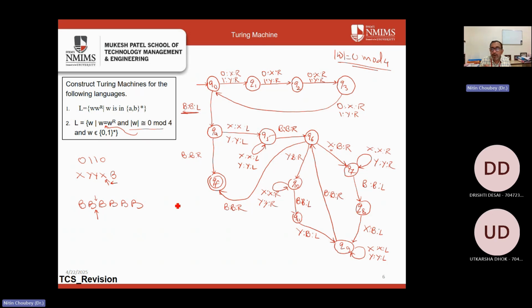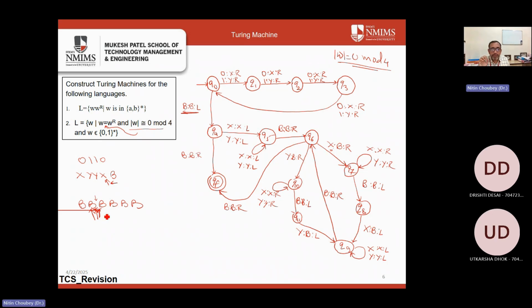So on tape we will have all blank symbols. On the receipt of this blank, we'll turn direction. It will replace this blank with blank, turn direction to left, and this will also be a blank only. If it is so, we are going directly to QF. So the transition from Q4 to QF indicates that your input had length equal to 0. This Q4 to Q6 is for that purpose.